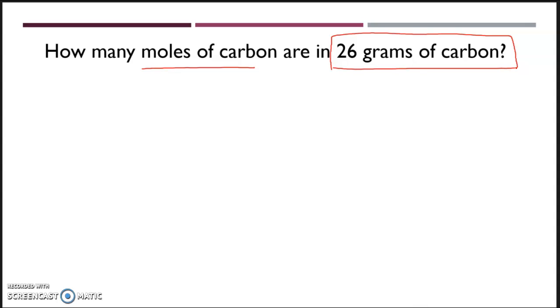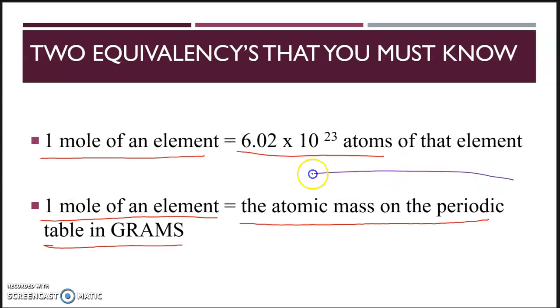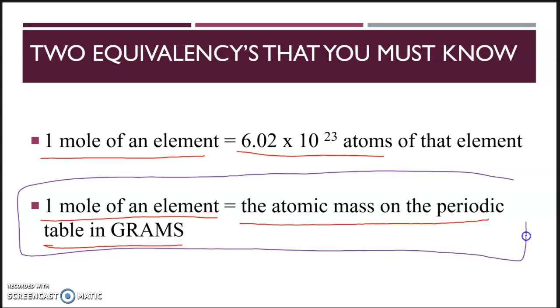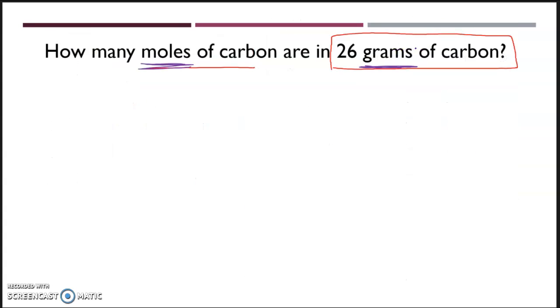Looking at my units, I want to go from grams to moles, and to do that I'm going to use this conversion: 1 mole of an element equals the atomic mass on the periodic table. So we go find carbon. Carbon is right here, number 6. It has a mass of 12.011. I'm going to write that off to the side. So that means 1 mole of carbon equals 12.011 grams.